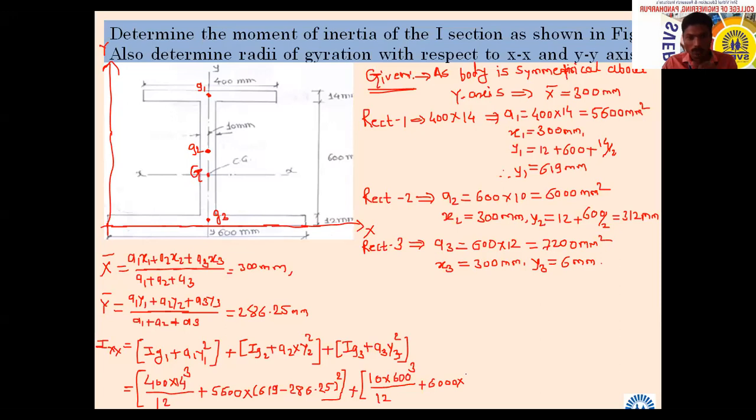Yes, 312 and here 286, so 312 is larger. Minus 286.25 whole squared. This one is for second. Plus, are you with me? Yes, sir. Okay, next plus third now. Third rectangle, who will tell?